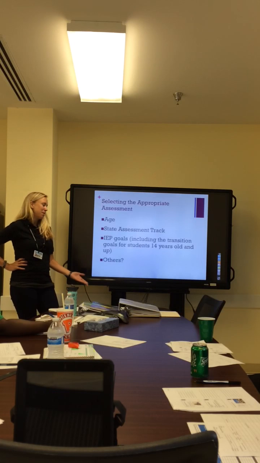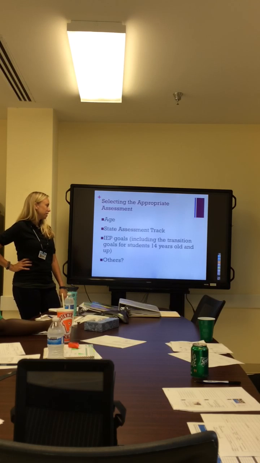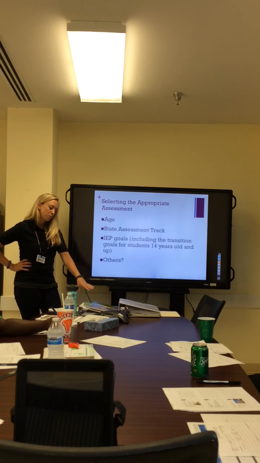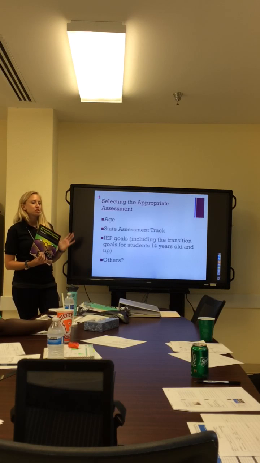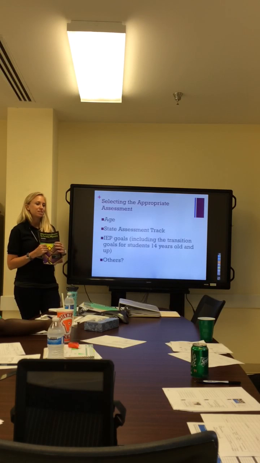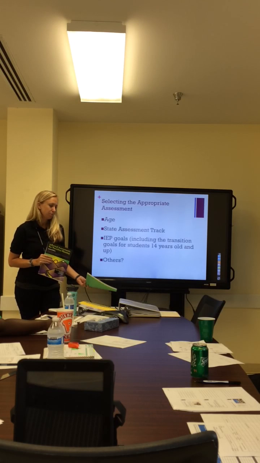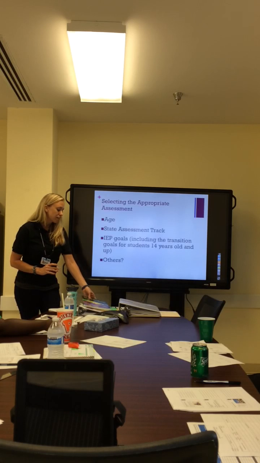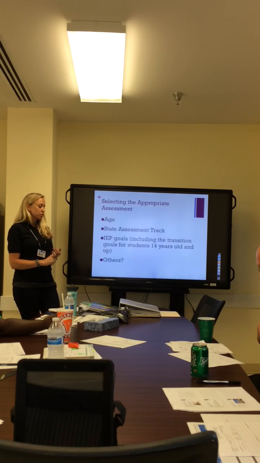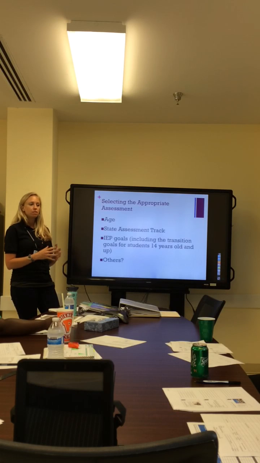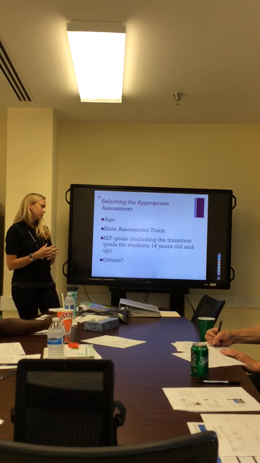So some things to keep in mind when you're selecting the assessment is, of course, the student's age. Some of our older students will probably be geared more towards the transitional and functional life skills assessments as opposed to figuring out what they know on the Brigance level, depending on their functioning too. There's state assessment track, so if they're an SOL student, we might be choosing a different assessment than if they're a VAP student, because that kind of shows their level as well.